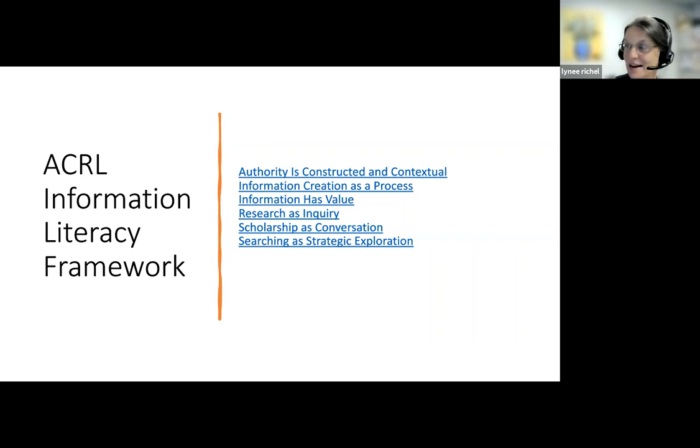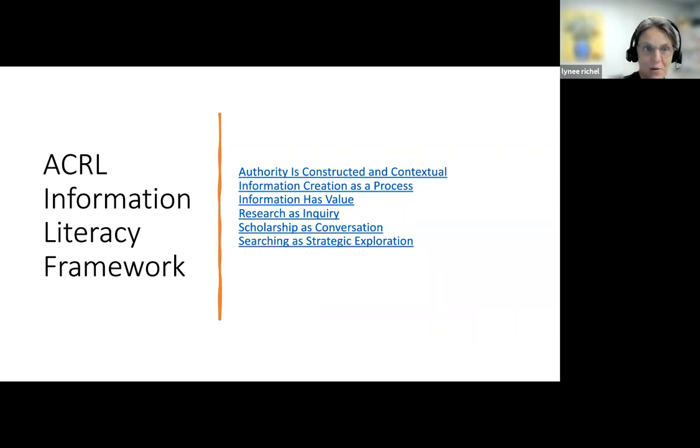And I will say right now, this has not been fully adopted. Not all 5 pieces of these have been fully adopted in what the library instruction program is trying to do, with the exception of maybe one of them. Scholarship is conversation, or maybe searching is strategic exploration, are things that we do.